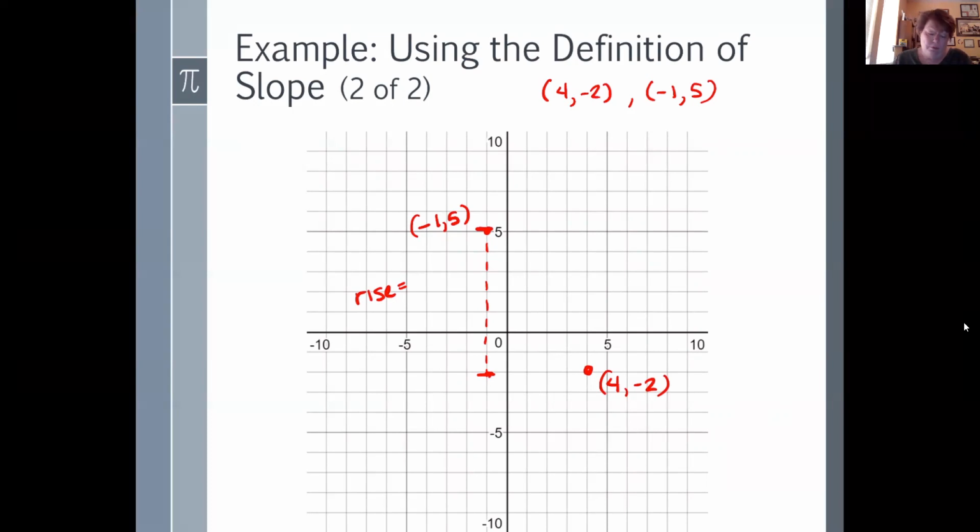I'm going down. And my run is the distance to get from -1 to 4. So my run, that distance is 5. And I'm going in the positive direction. To get from -1 to 4, I would be going along the x-axis in the positive direction. So the rise is negative because I'm going down from 5 to -2, and the run is positive because I'm going from -1 to +4. I'm going to the right.